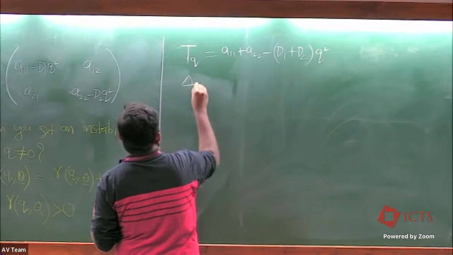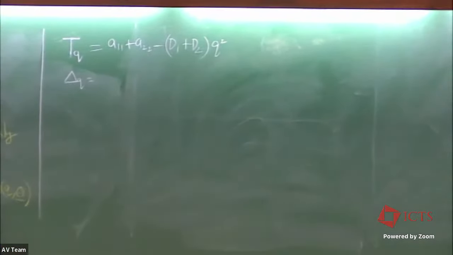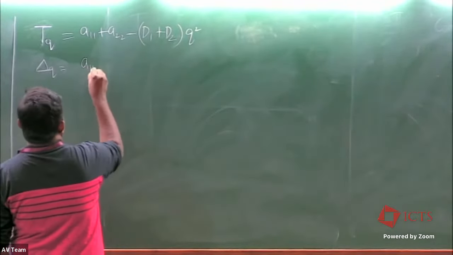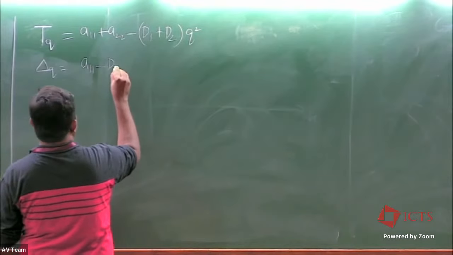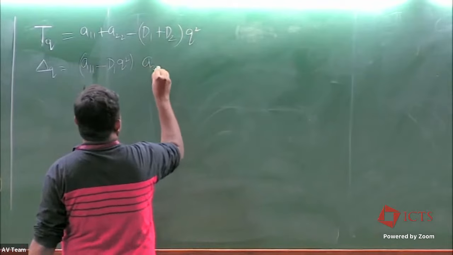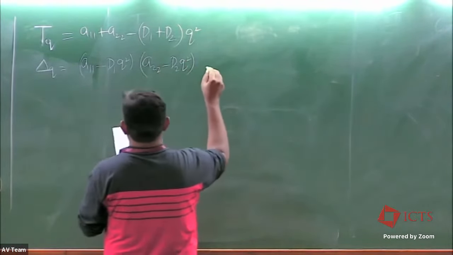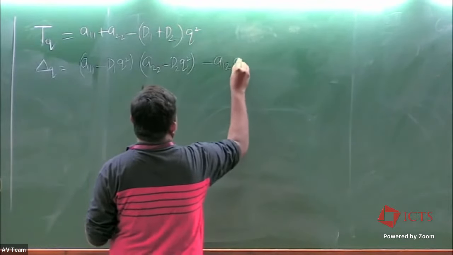There's also the determinant delta: A11 minus D1 Q squared, into A22 minus D2 Q squared, minus the cross terms, A12 into A21.